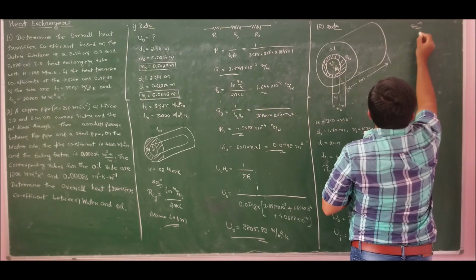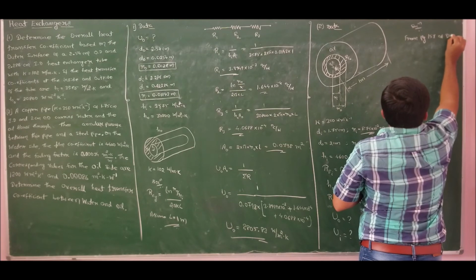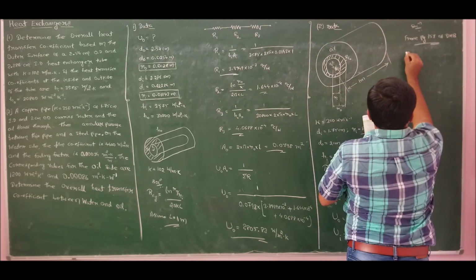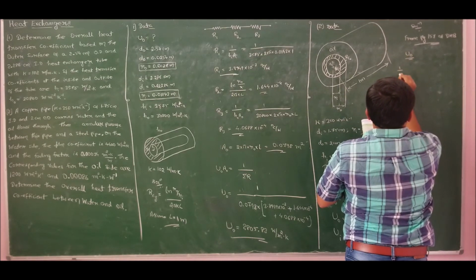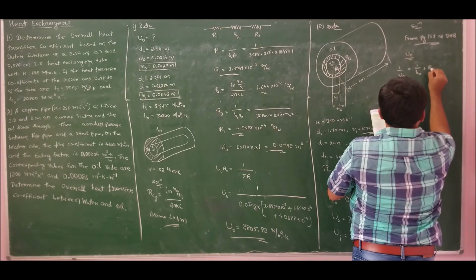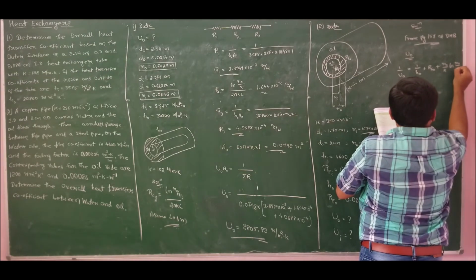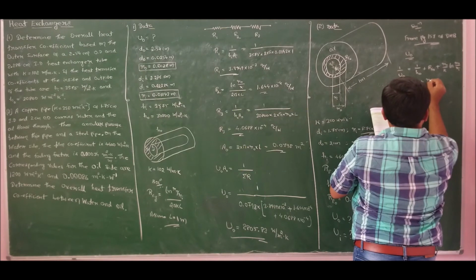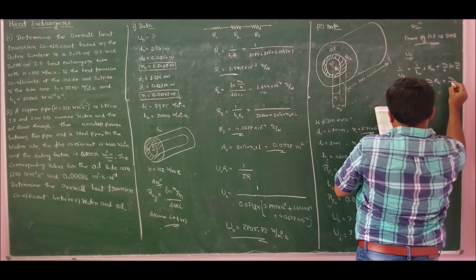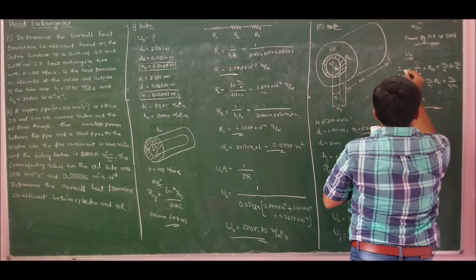So if I move to the solution, from page number 157 of the data handbook, the overall heat transfer coefficient based on outside surface area is given by 1 by U naught is equal to 1 by h naught plus RFO plus R naught by K ln of R naught by Ri plus R naught by Ri RFI plus R naught by HI Ri. Hence, if I solve, I will get the value of U naught.